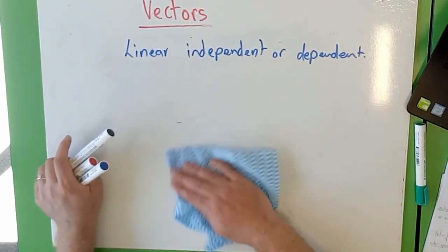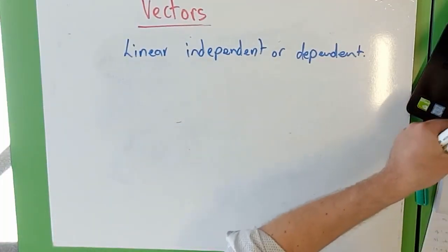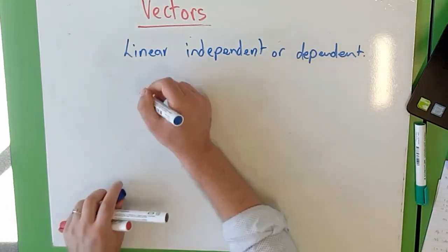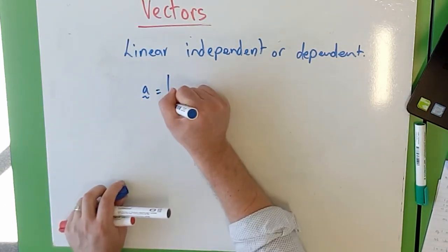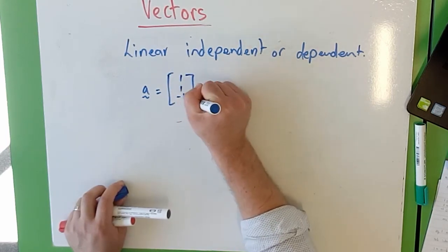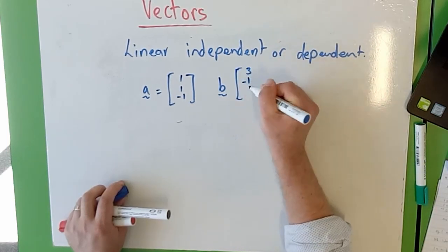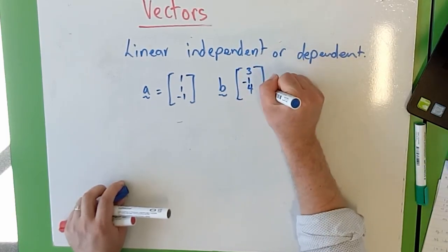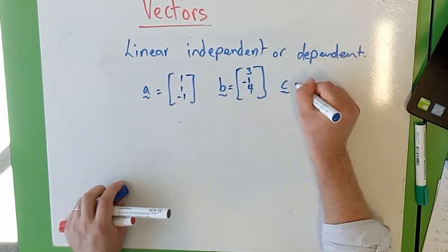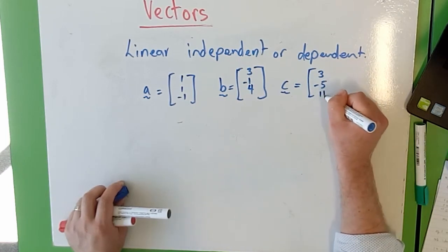Okay, so let's do an example here. Just say I have some column vectors. I'm going to write these as column vectors to make it easy to understand with the numbers. So I have column vectors A: 1, 1, negative 1, B: 3, negative 1, 4, and C: 3, negative 5, 11.